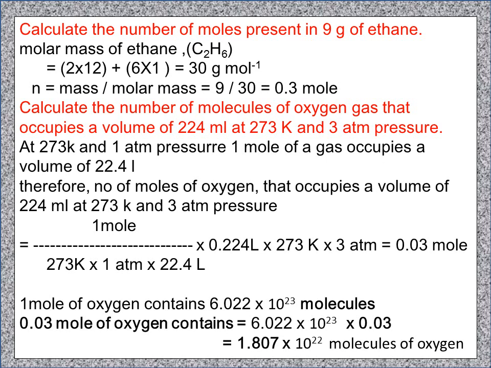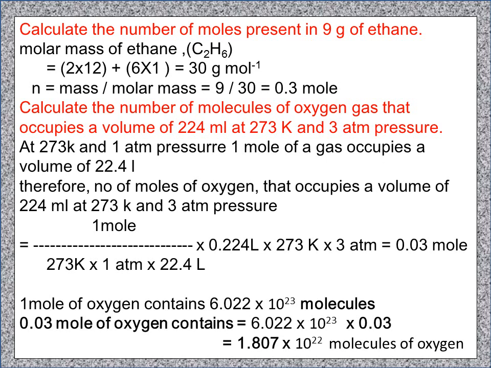At 273 Kelvin and 1 atmospheric pressure the volume occupied by the gas will be 22.4 liters.